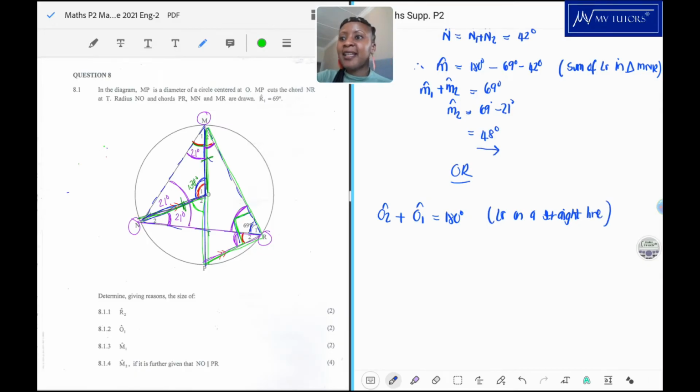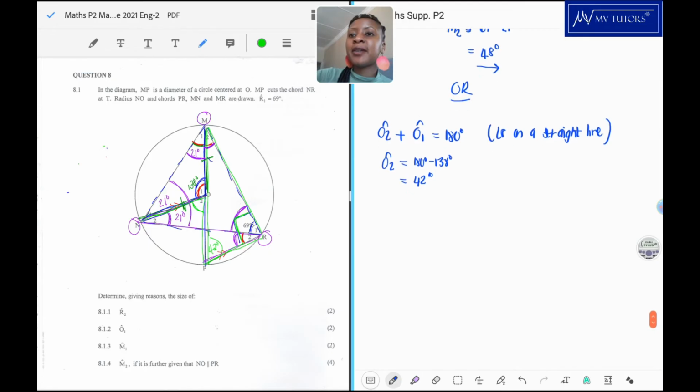O1 is 138, so O2 is 180 minus 138, and that is then equal to 42 degrees. So I know that P is actually 42 degrees.